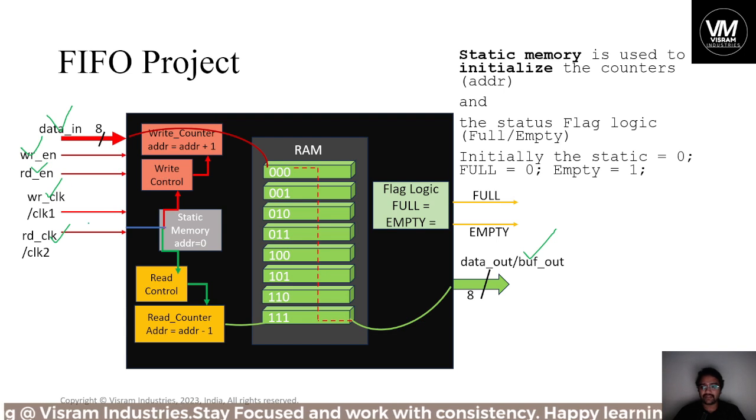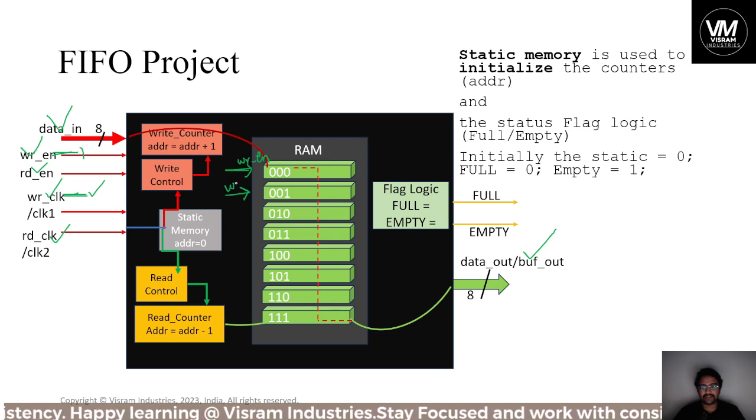And you have counters. If the write clock is enabled and the write enable command is 1, then for that memory write enable is there, and now the clock is with respect to write_clock. Got it?